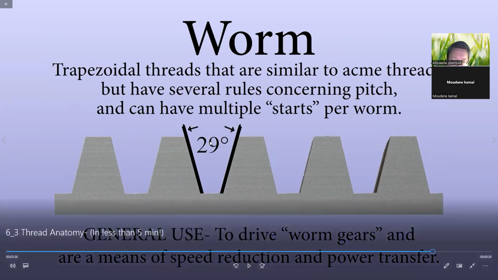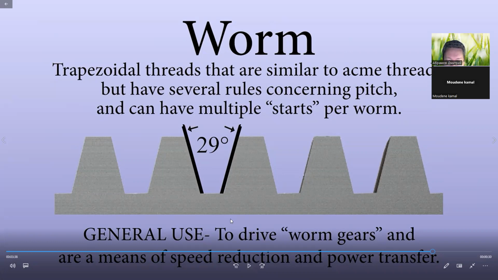The angle is equal to 29 degrees. General use to drive worm gears and are means of speed reduction and power transfer.